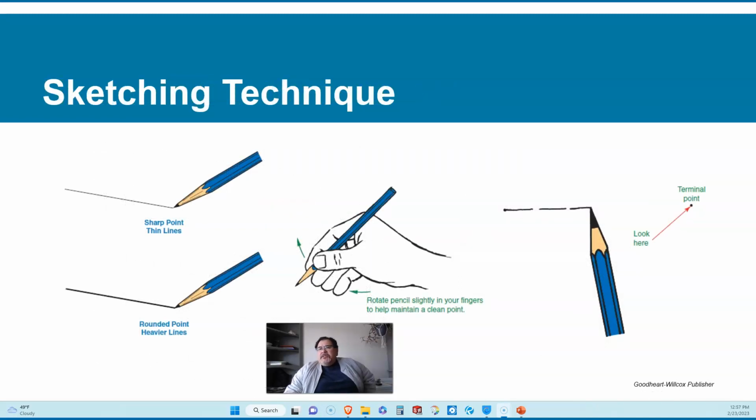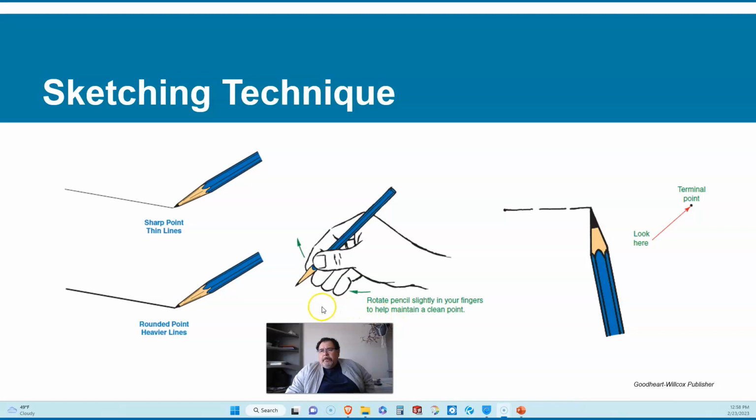So some of the sketching techniques when we're talking about using a pencil: sharp points on your pencils give you thin lines. Rounded points give you heavier lines, right? Because the tip of the point is wider. Rotate the pencil slightly in your fingers to help maintain a clean point.